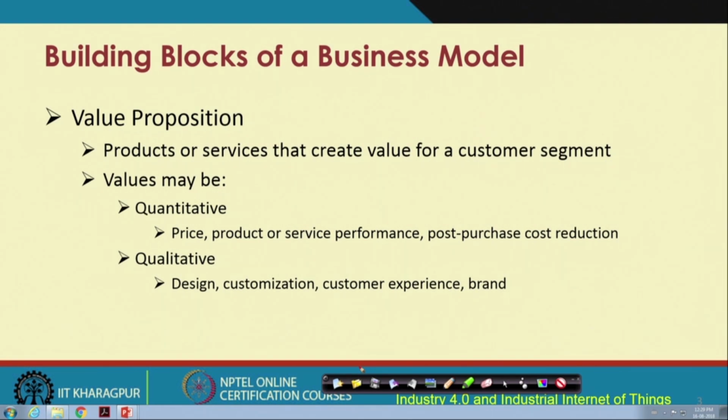So, what are the different products or services that will create value for the customer segments that the business wants to consider? These values could be quantitative, such as aspects of price, product, and service performance, or they could be qualitative in nature, such as the design, the customization, the customer experience, the branding, etc. So, these are basically the value proposition aspects.